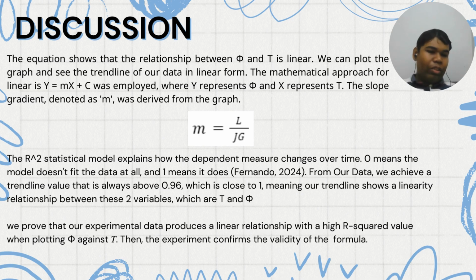This means our trendline shows a linear relationship between these two variables, T and theta, which proves our experimental data produce a linear relationship, with a high R-square value when plotting theta against T, and the experiment confirms the validity of our formula.